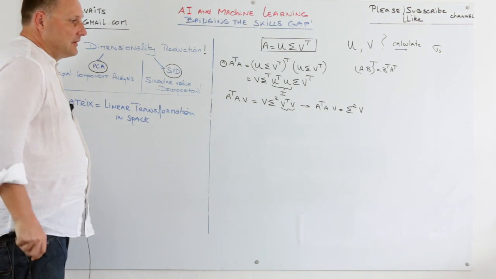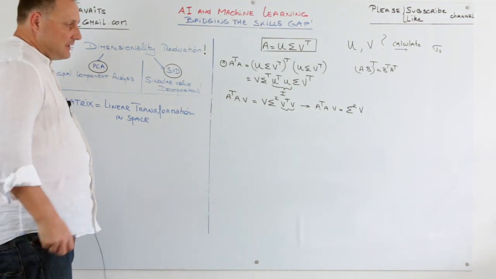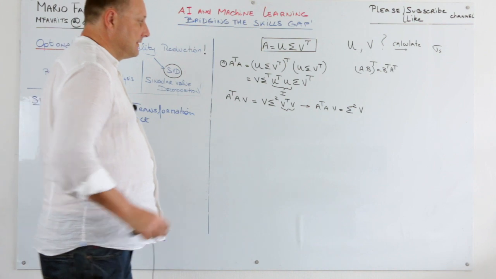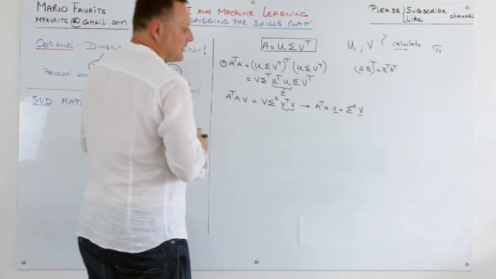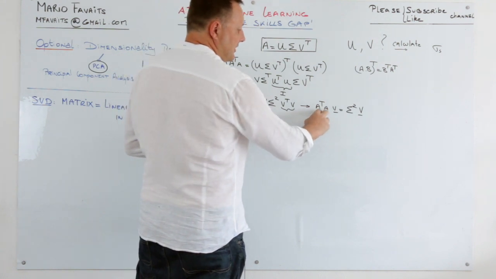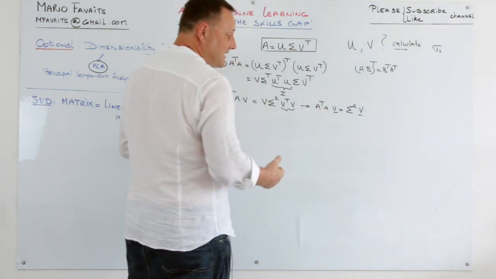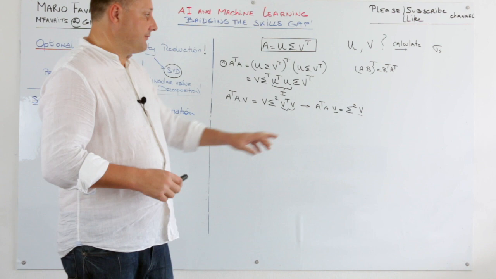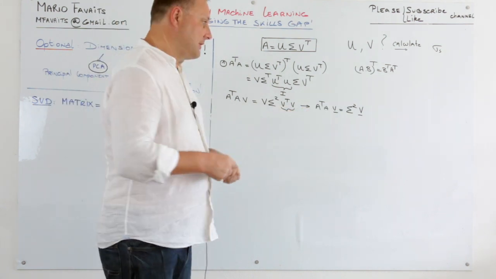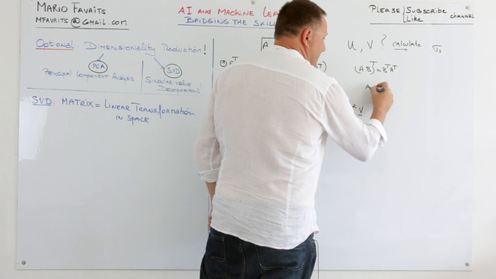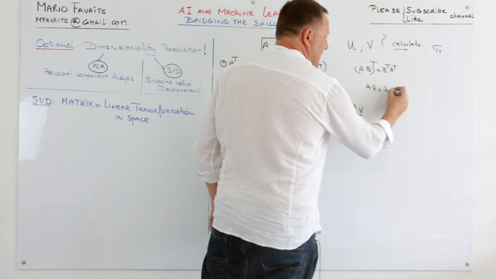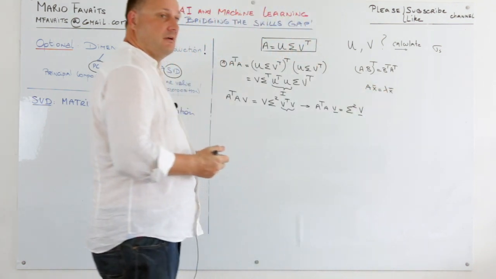And what do we see here? We see that V is actually an eigenvector of A transpose A. Remember, for an eigenvector, A working on a vector equals lambda times that vector.